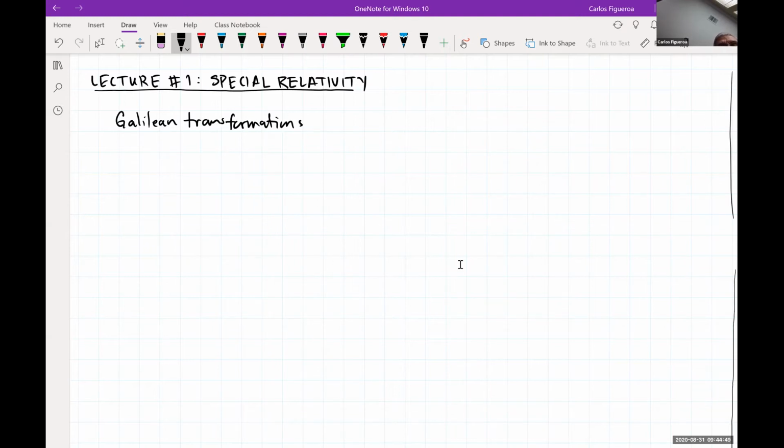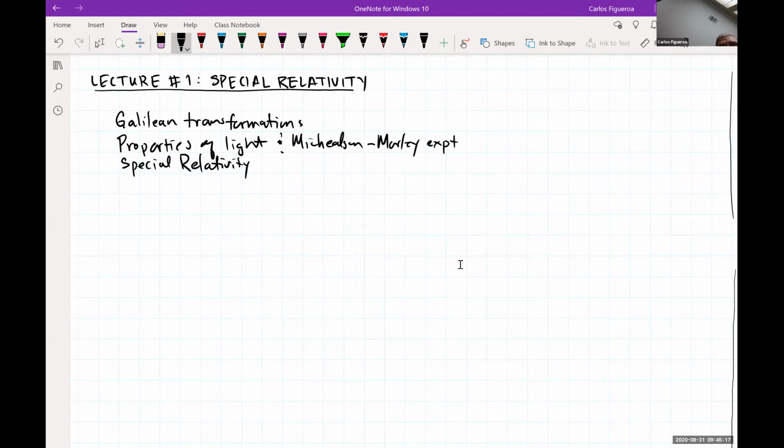Then we want to look at the properties of light, and an experiment known as the Michelson, I know that's spelled wrong, it's okay, experiment. And then we'll start the big process of special relativity.